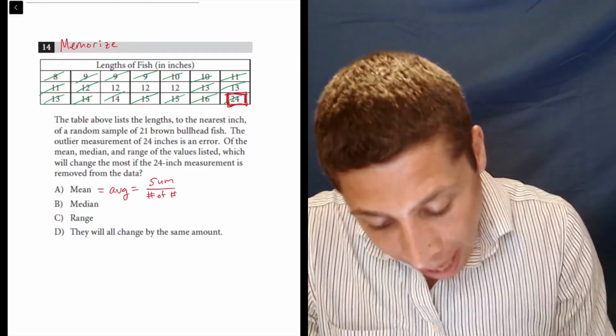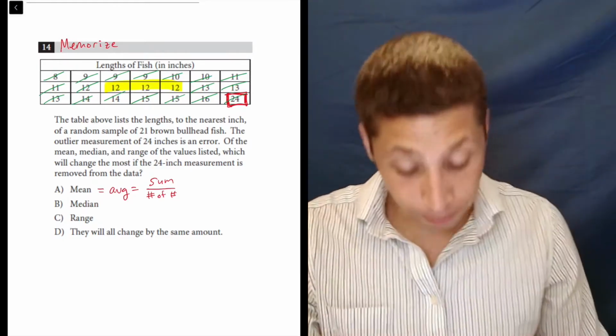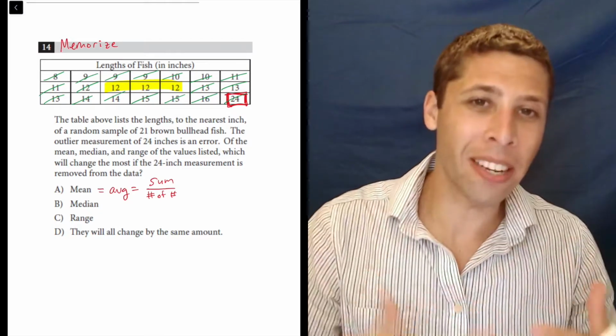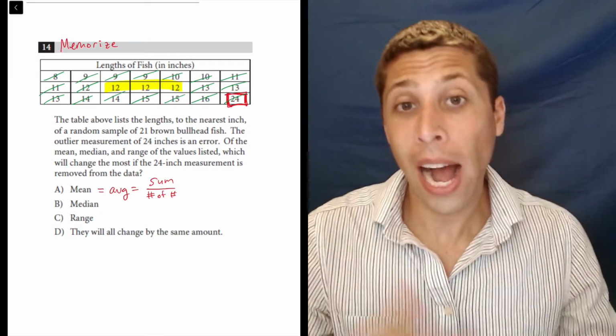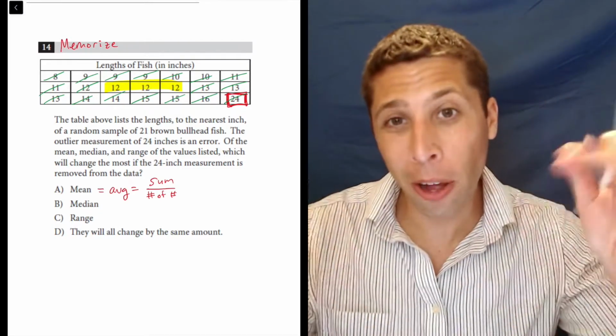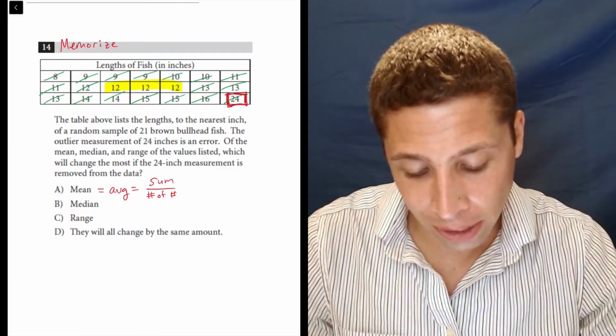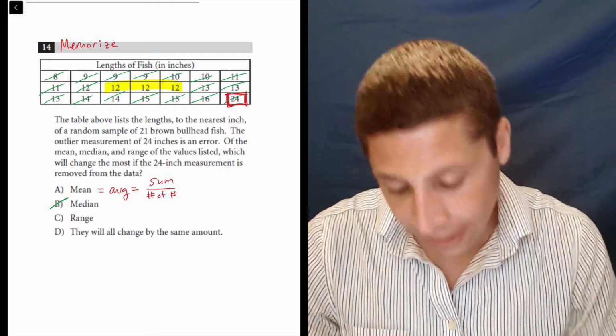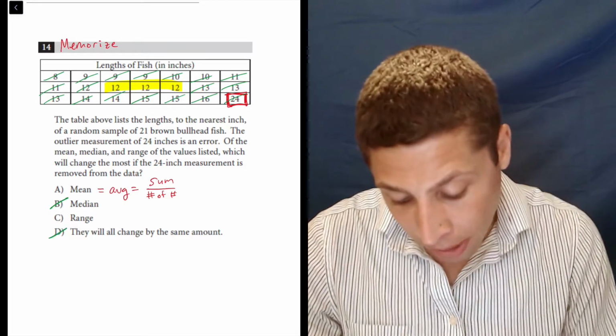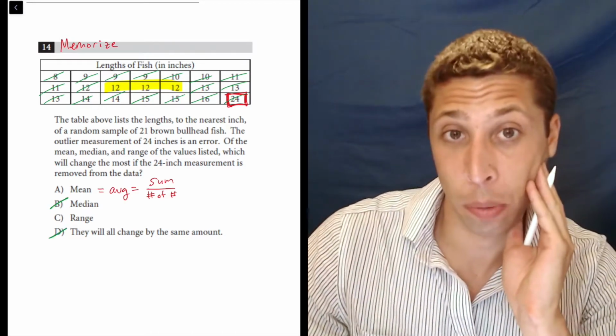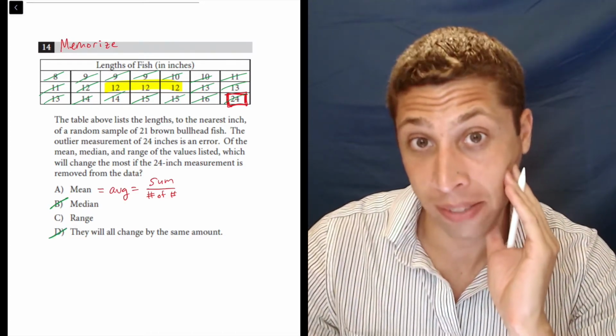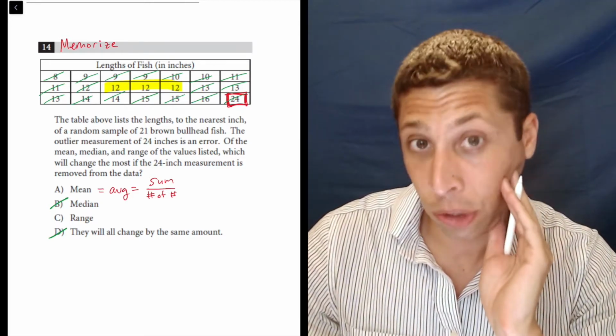We've got 3 left, and they're all 12. So what that tells me is that if I removed one, I'd still have a 12 as the median because a bunch of the middle numbers are 12, so that's not really going to change. So the median isn't going to change at all, and that means they're not all going to change by the same amount, because the median will change by 0 and the mean will change by some amount.